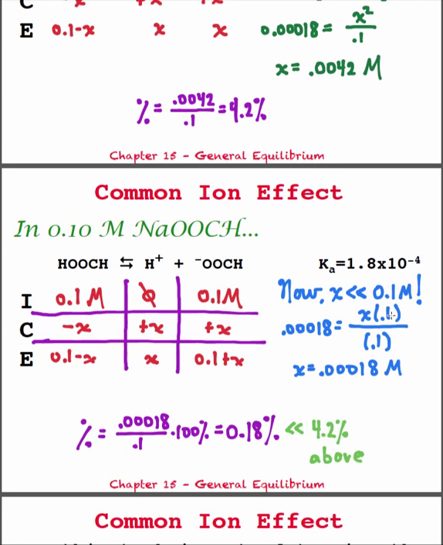I would have written 0.1 plus x and 0.1 minus x in the bottom. But assuming x is small, the 0.1's actually cancel if I have equal molar amounts of formic acid and formate ion. And indeed, we see the dissociation went down from 4.2% to less than 0.2%.